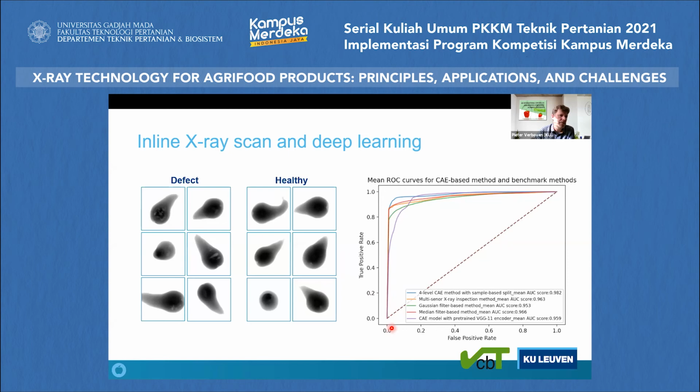And you see that our methods, and there are different ones that we have been looking at, there's no time to talk about that. But you see, you can find methods that get into this upper corner very well. So a conventional method might be on this line, which would be very bad. You need to be up in this corner, and combining normal X-ray scanning with deep learning will allow us to do that.